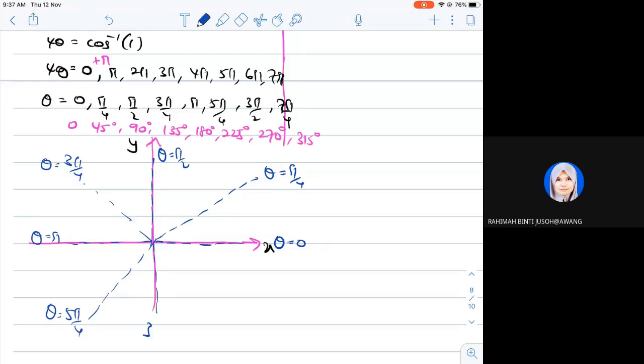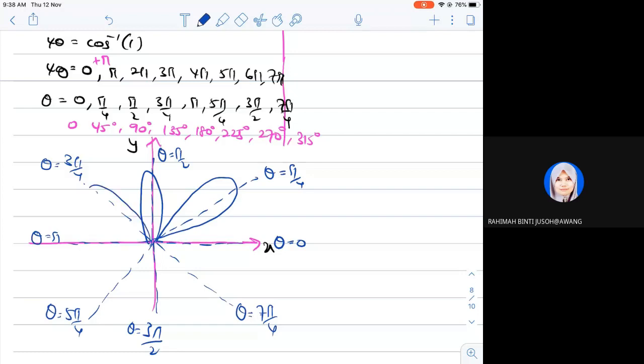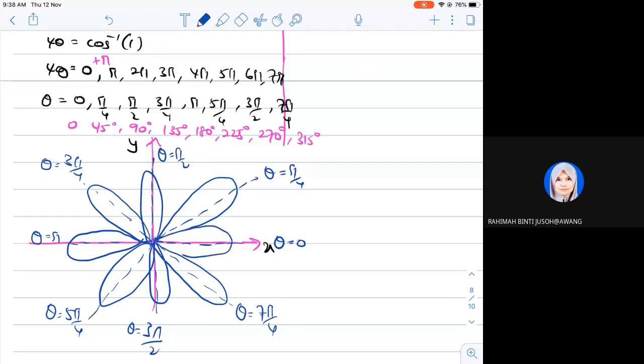Theta equals to 3 pi over 2, and then here theta equals to 7 pi over 4. Okay, now we can sketch the roses. 1, 2, 3, 4, 5. Missed this one. 1, 2, 3, 4, 5, 6. Thank you, thank you. And then we have this.